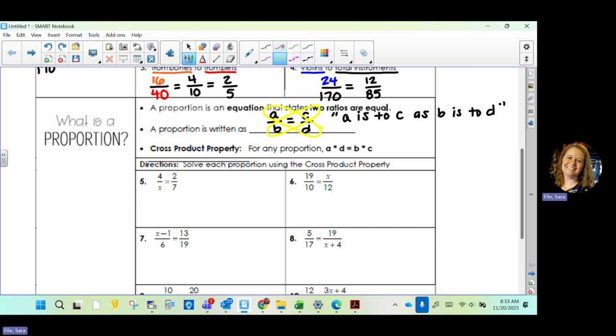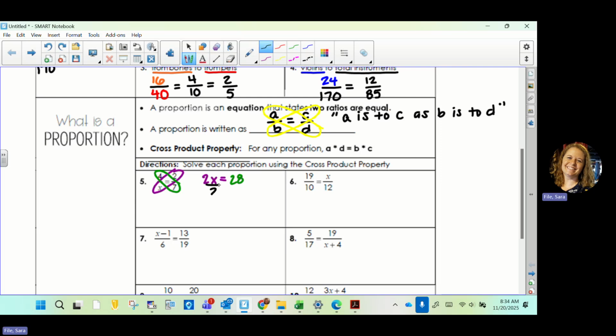So in number 5, I've got 4 over x, or 4 is to x as 2 is to 7. So to solve this, I'm going to do the x times 2, which is 2x. And I'm going to do the 4 times 7, which is 28. Now, how would I isolate that x? How would I get rid of the 2? Yeah, that's 2 times x.